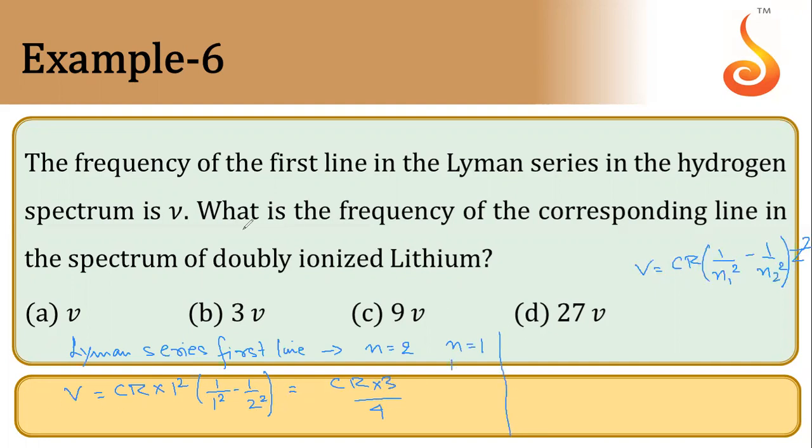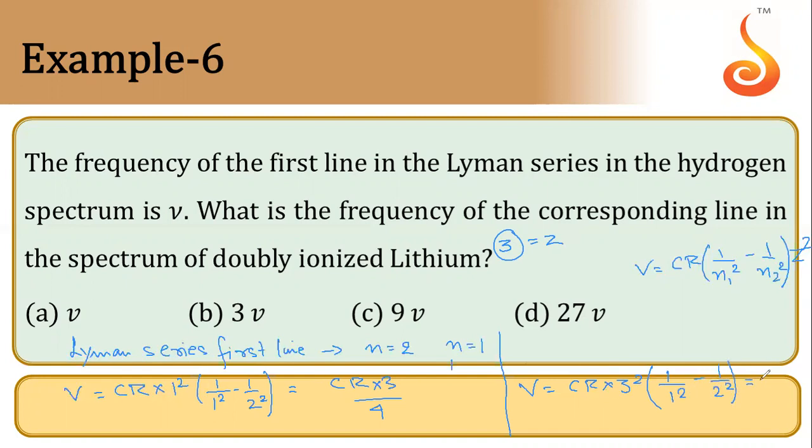Next is for doubly ionized lithium. Again for lithium, they are asking for the corresponding line, meaning the Lyman series first line. So Cr, here for lithium, we know the atomic number is 3, so the value of Z is 3. So 3² × (1/n1² − 1/n2²), where n1 is 1 and n2 is 2.